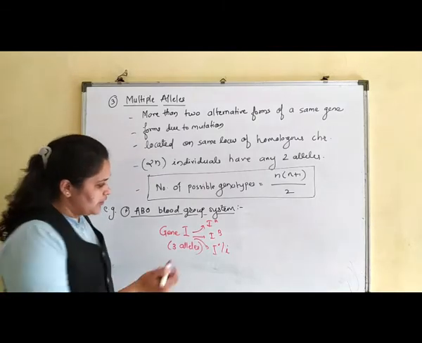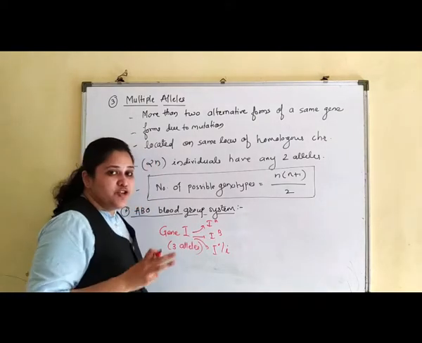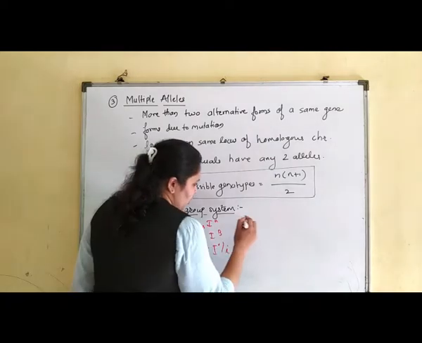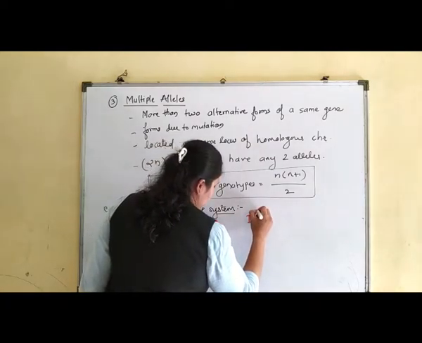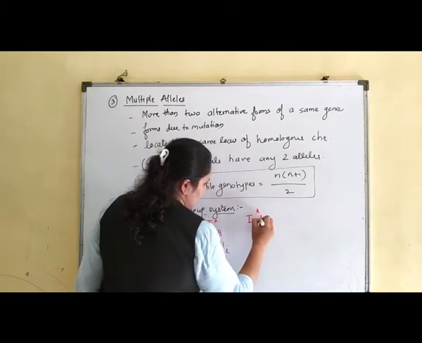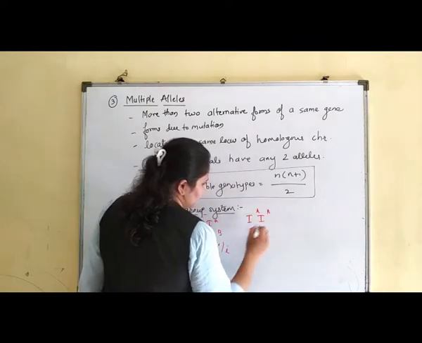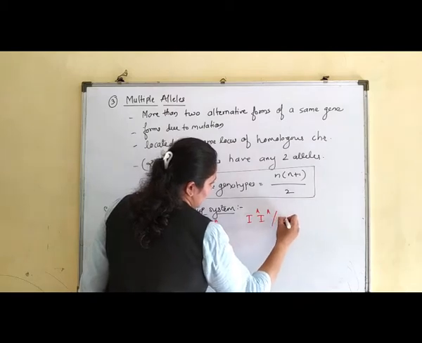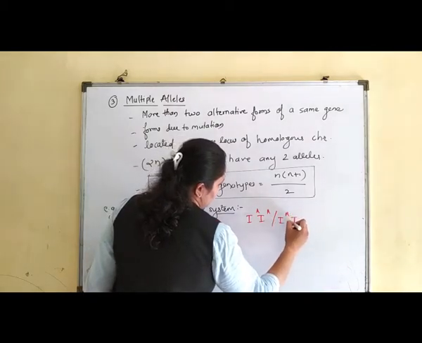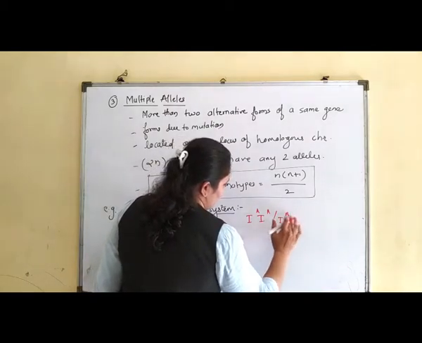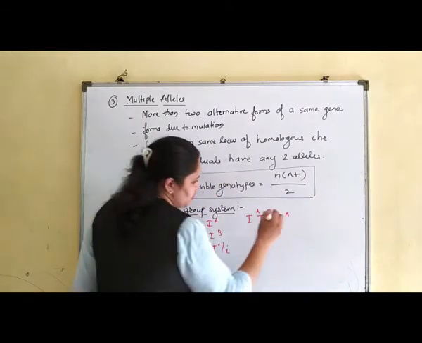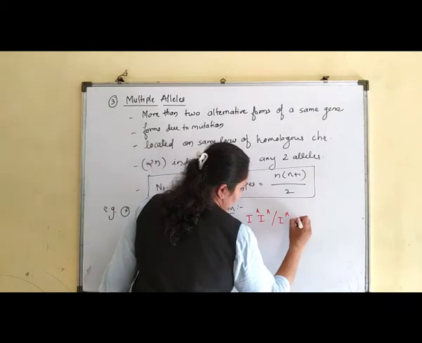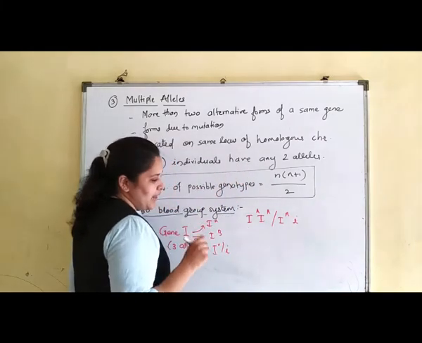If we consider that each individual gets any two types of allele, then for A blood group there are two possible genotypes, IA IA and IA small i.